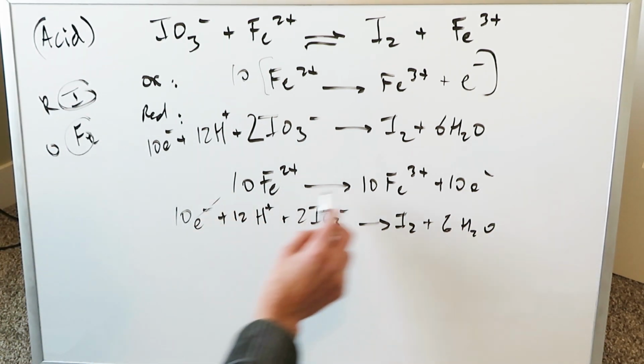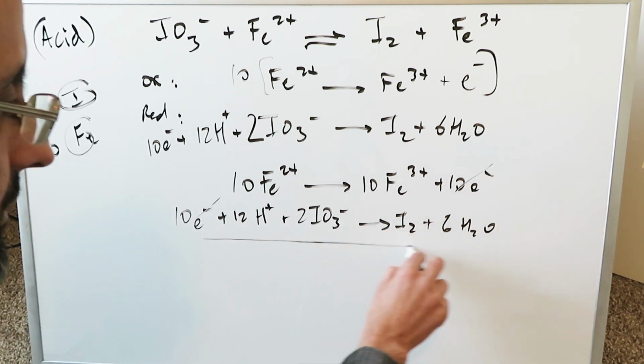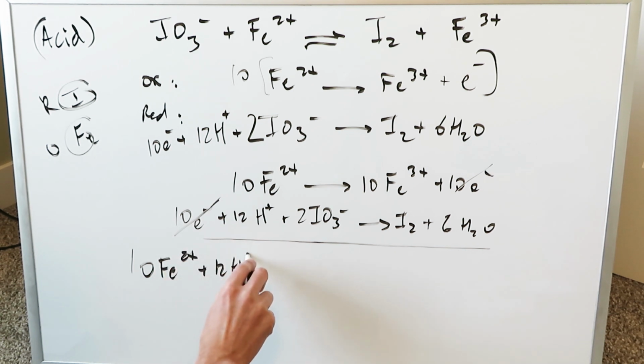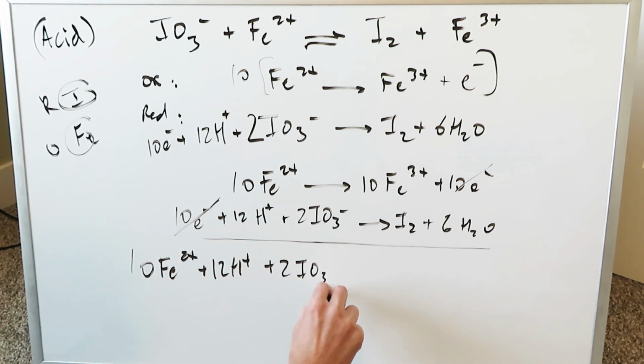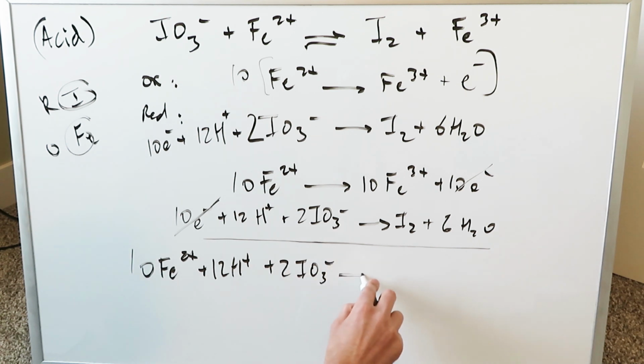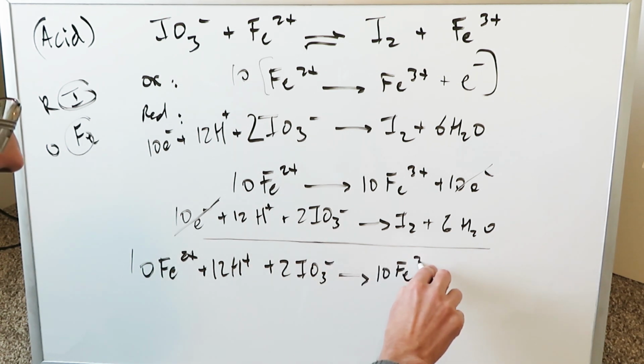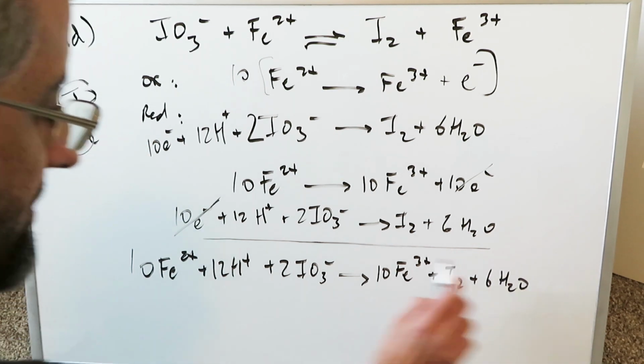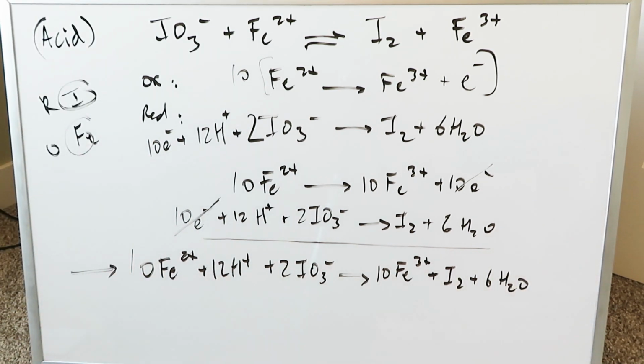We can certainly cancel the electrons, and then we can combine everything. I'll have 10 Fe2+, 12 H+, 2 iodates, the polyatomic anion, giving 10 iron 3+, an iodine, and 6 H2O. This should be my balanced reaction, but we have to check it.